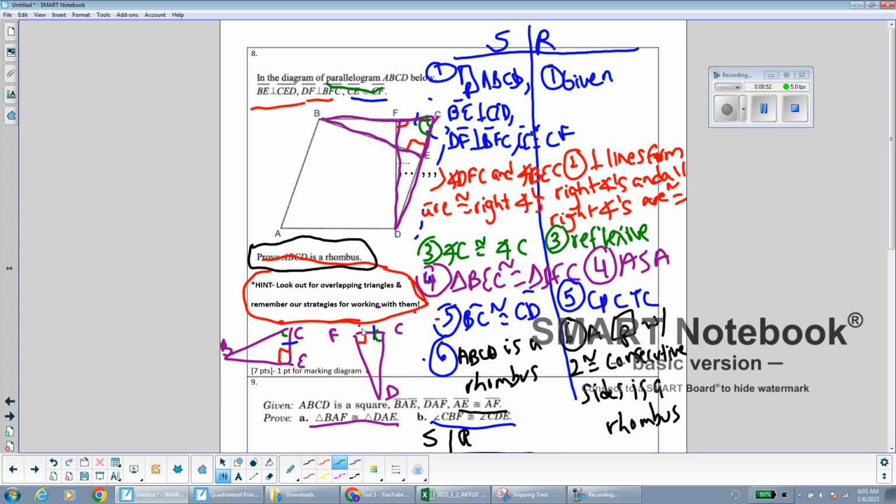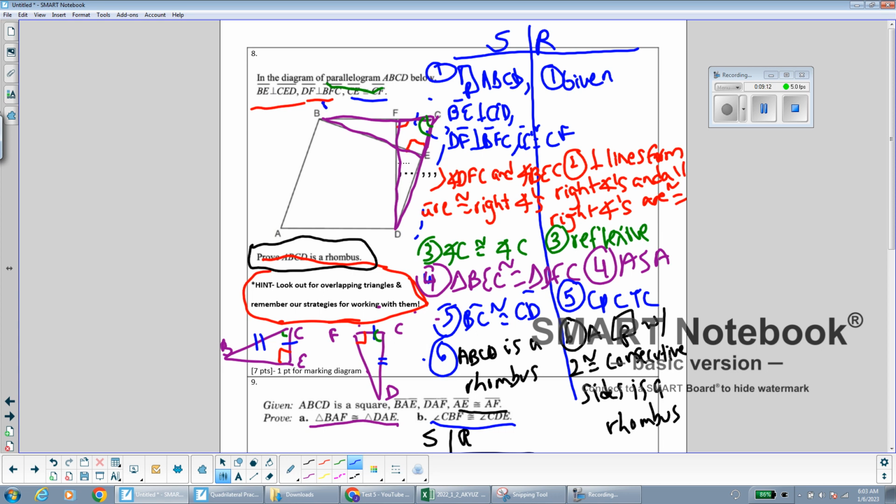And once we know the triangles are congruent to each other, using CPCTC, I can say corresponding sides BC and CD also need to be congruent.